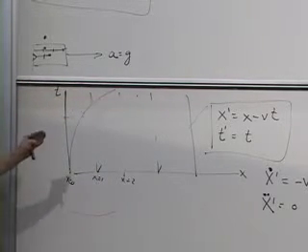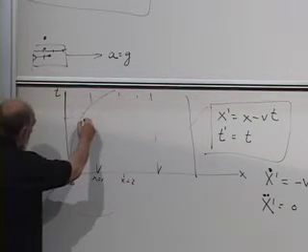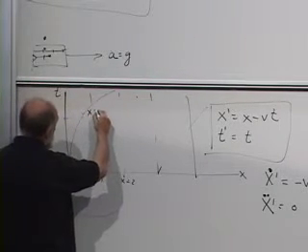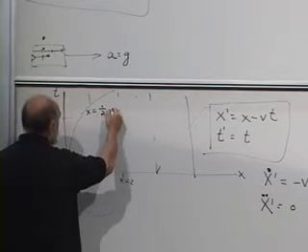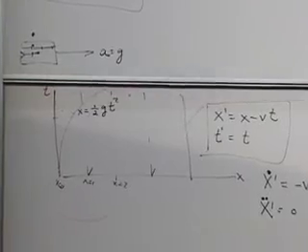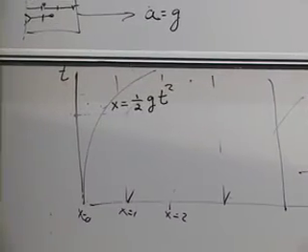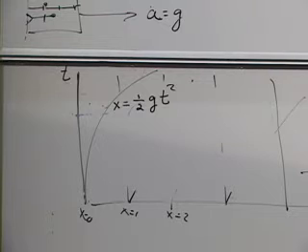If it's uniformly accelerated relative to me, it's moving on a parabola, and that parabola is x equals 1/2 gt squared. Is this known to everybody? This is a standard formula for uniform acceleration. Yell out if you don't know it.